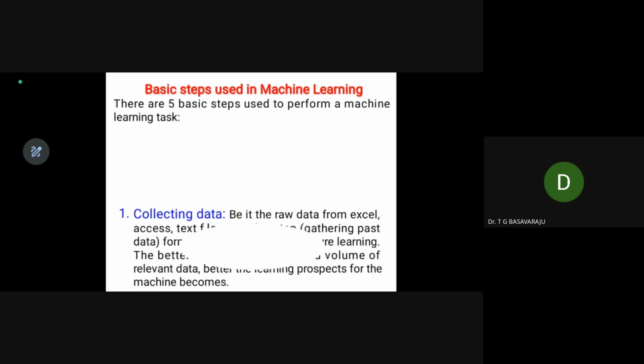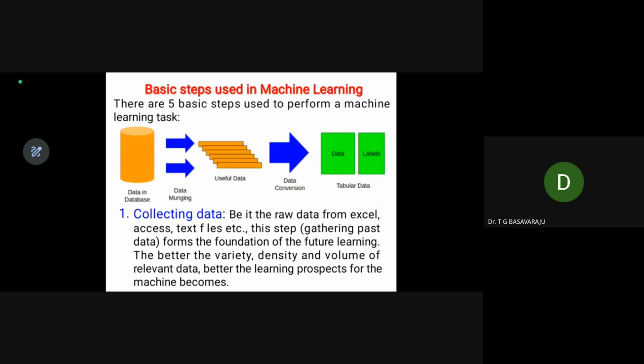So, the basic steps in machine learning. First, the diagram I'm going to explain is related to data pre-processing. Whatever data we are collecting has to go through data munging. That means a little bit of pre-processing is required.